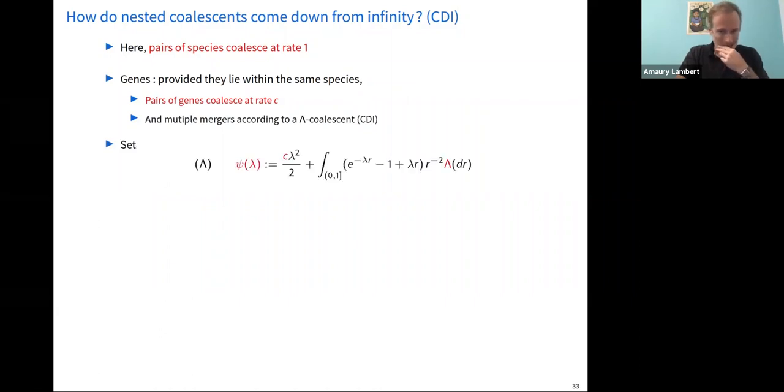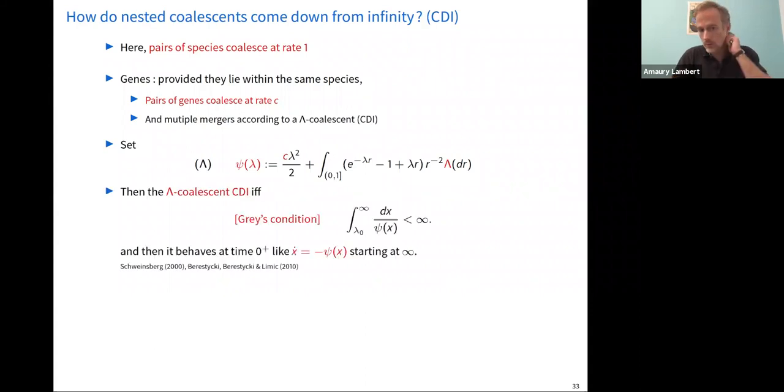coalescent. And so there's a famous result due to the Berestycki brothers and Vlada Limic, saying under which condition the Lambda coalescents do come down from infinity, as the Kingman coalescent does. So you need this function psi, which is reminiscent, of course, of Lévy processes, where you have this c for the Kingman part of the coalescent, and this measure Lambda for the Lambda coalescent part.